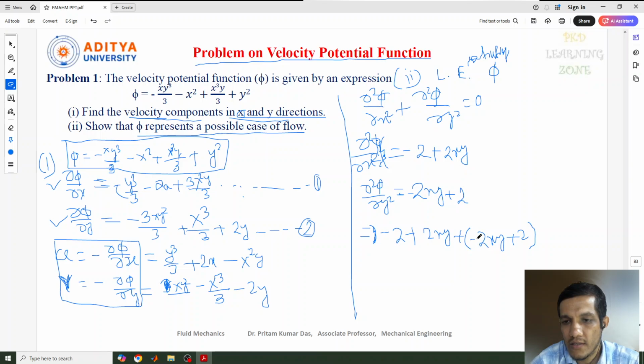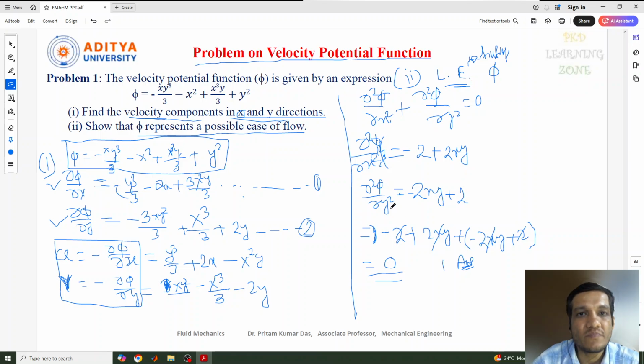If you open the bracket, minus 2 and plus 2 cancel, plus 2xy and minus 2xy cancel. Finally we get 0 here. That means the Laplace equation is satisfied.